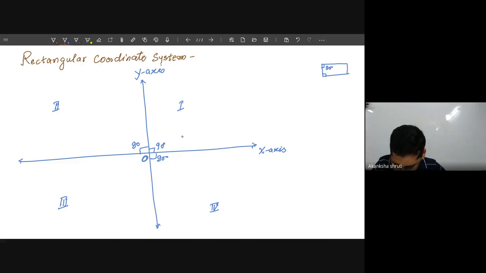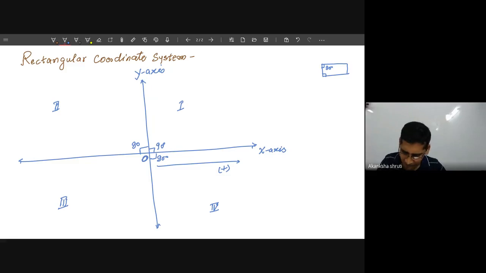All the lengths on the right hand side of this y-axis are positive, whether this length is measured in the fourth part or in the first part.